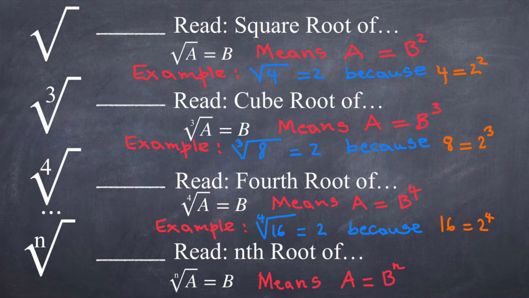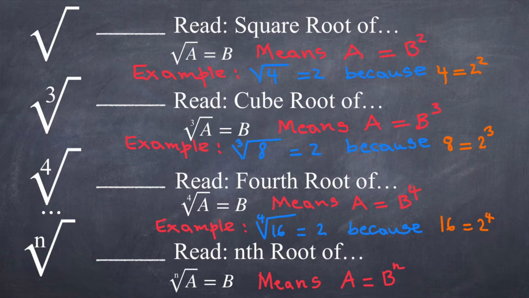In the next example, we have the fourth root, with an index of 4. Fourth root of A equals B means that the number A equals the number B raised to the fourth power.